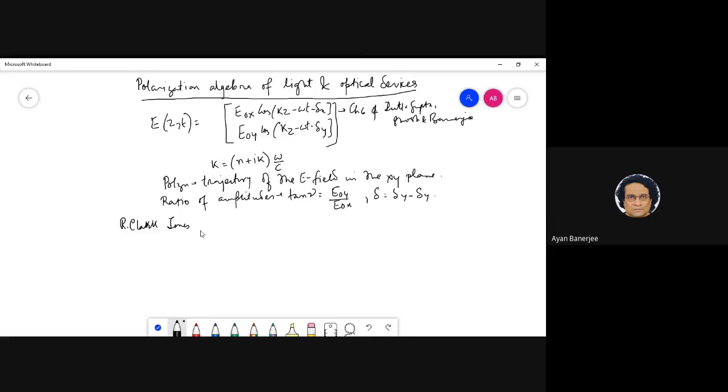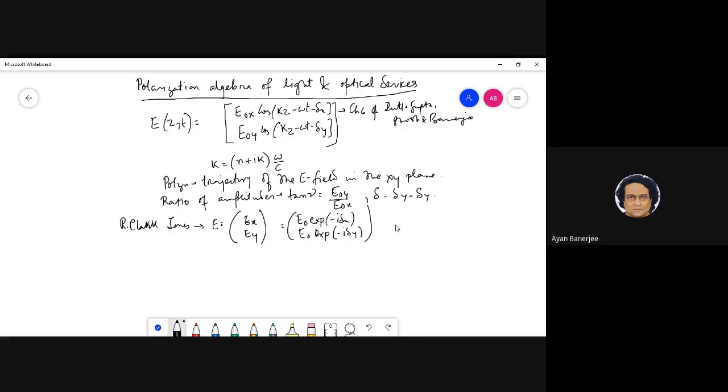So he gave this description that E is just a column vector, the components Ex and Ey, which is necessarily complex, and which I write as E0x exponential minus i delta x, and E0y exponential minus i delta y, right?